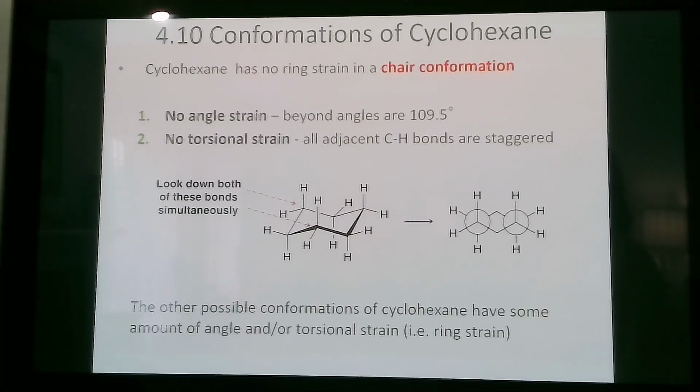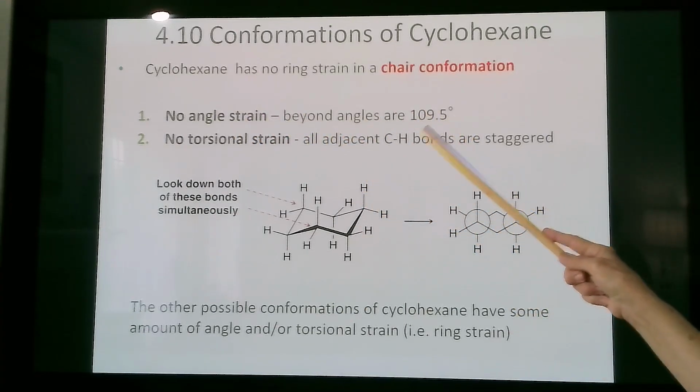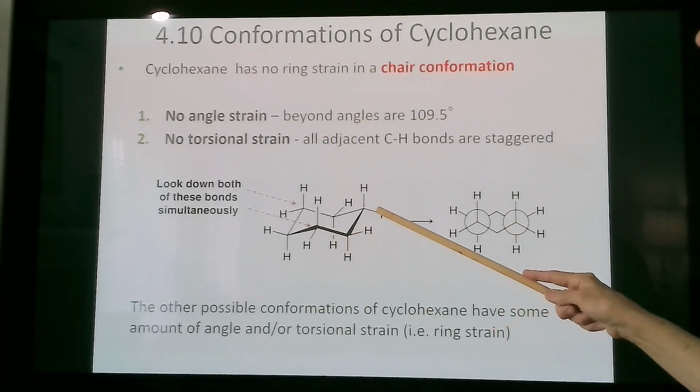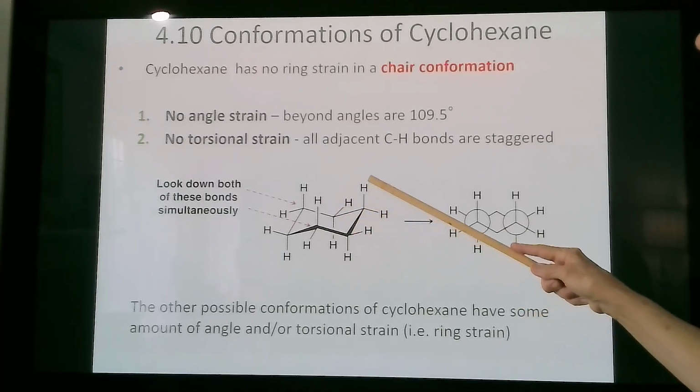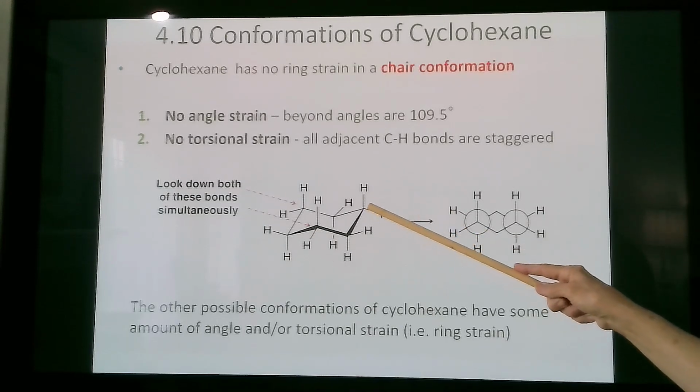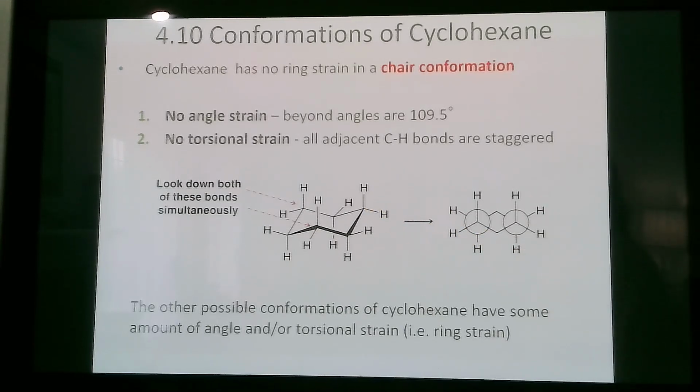Okay, conformations of cyclohexane. Cyclohexane has no ring strain in a chair conformation. No angle strain. The angles are all 109.5. The carbon-carbon-carbon angles, the carbon-carbon-hydrogen angles, the hydrogen-carbon-hydrogen angles are all 109.5.